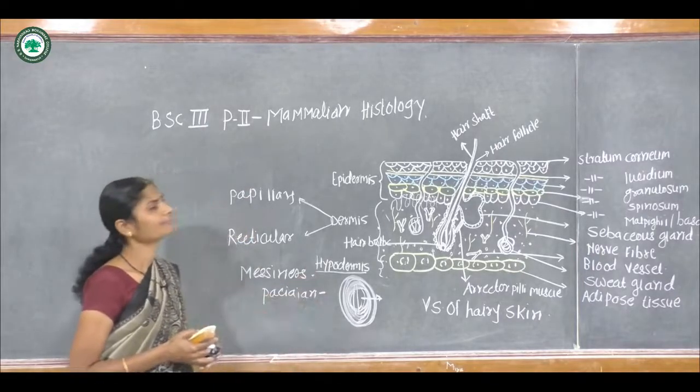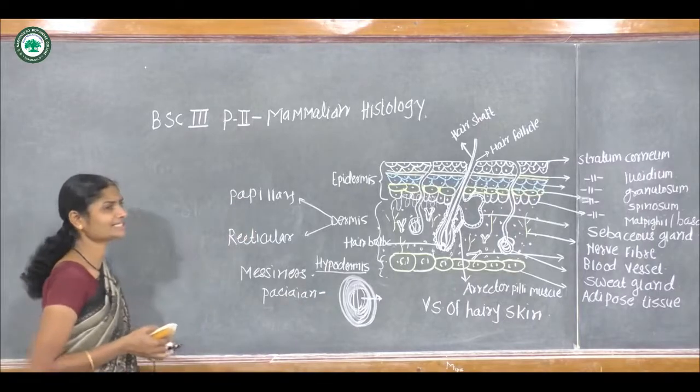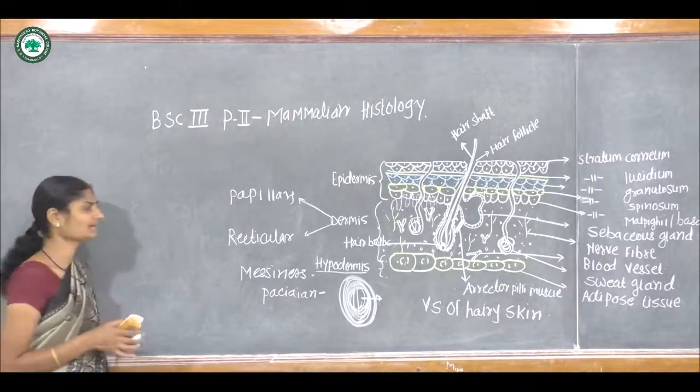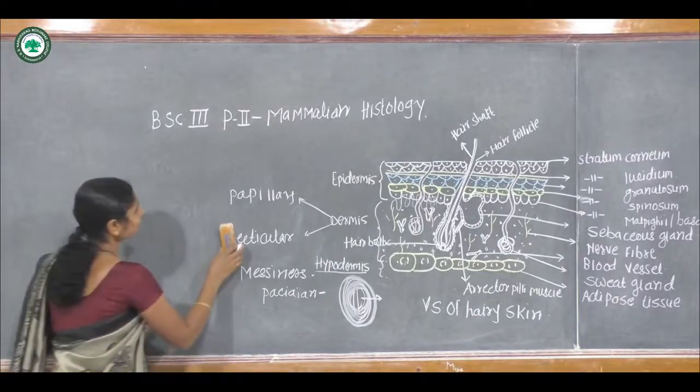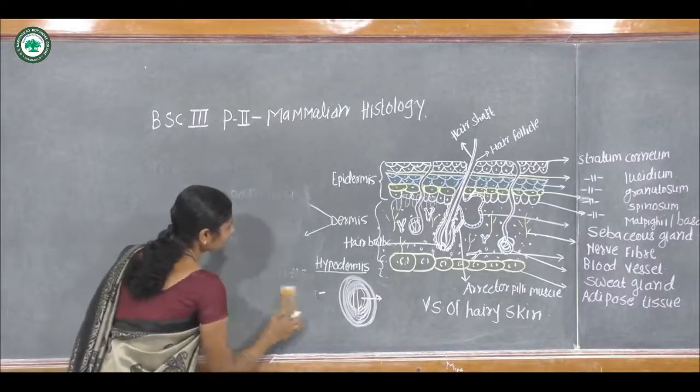Next part in our list is accessory organs. In accessory organs, exocrine glands are present.